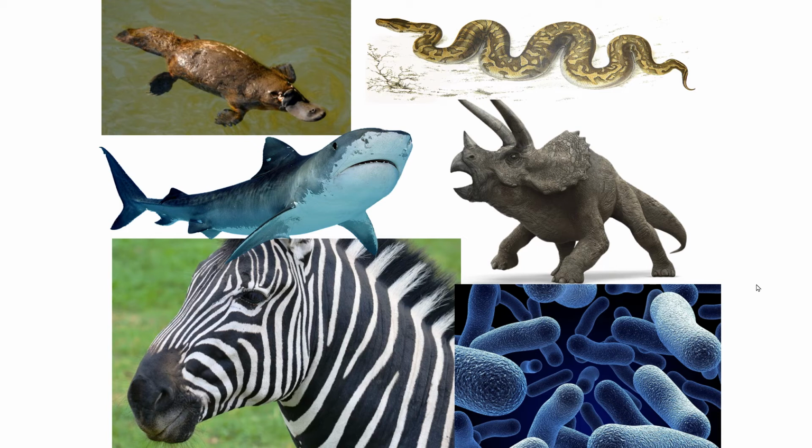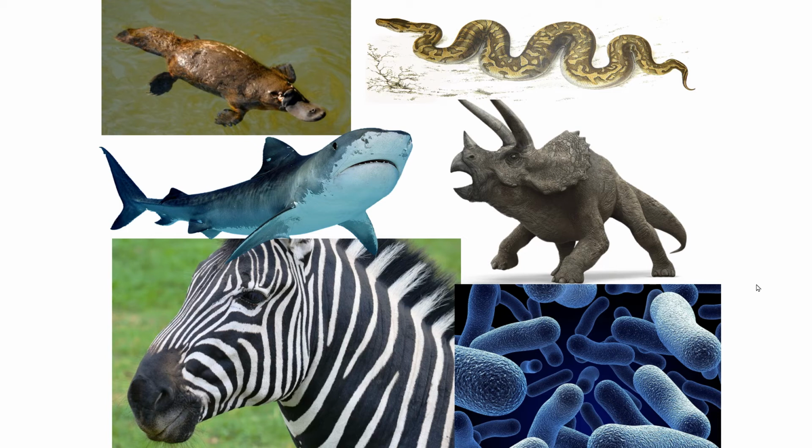But I want you to think about how cool that is, that these things all have DNA in common. Even these dinosaurs that are all dead, R.I.P. But as different as their traits are, right? Like the platypus has a bill. That is weird. The scales and body structure of the snake.